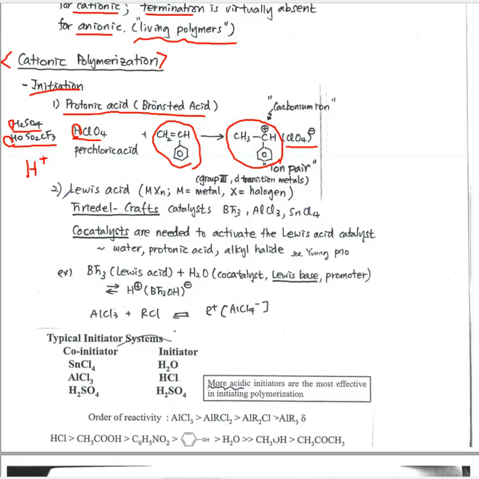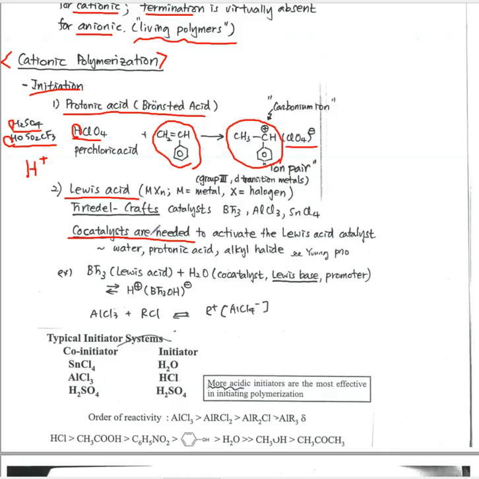Another initiator is Lewis acid. You remember what Lewis acid is, right? From general chemistry class. When Lewis acid is used as initiator in cationic polymerization, usually co-catalysts are needed. A co-catalyst is basically some compound which just helps the role of this Lewis acid.